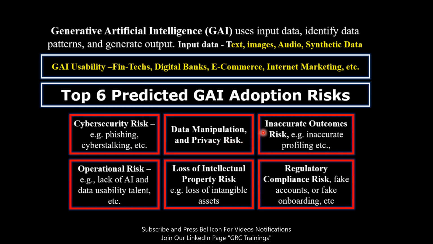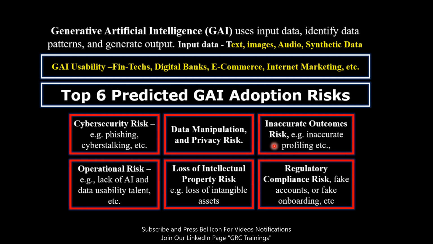Further, the outcomes provided by the generative AI might be inaccurate, for example, inaccurate profiling of customers made on the basis of the input data. If the data input by the user is not correct or is inappropriate, then the GAI outcomes would also be inaccurate. And if the management relies on that outcome, then you can imagine what will happen.